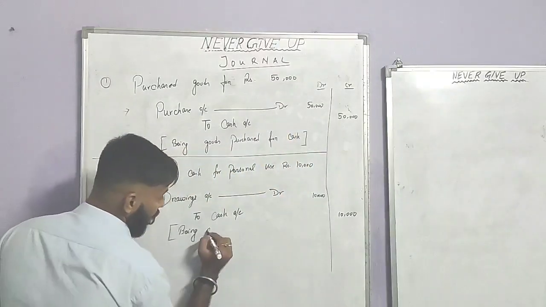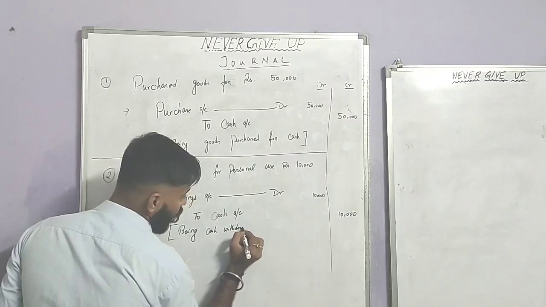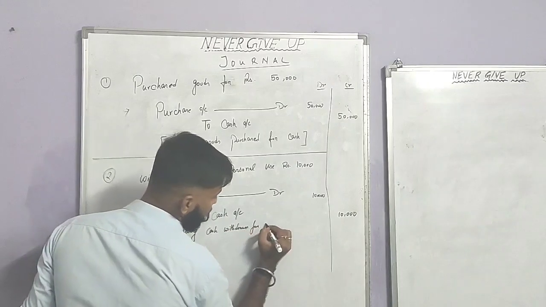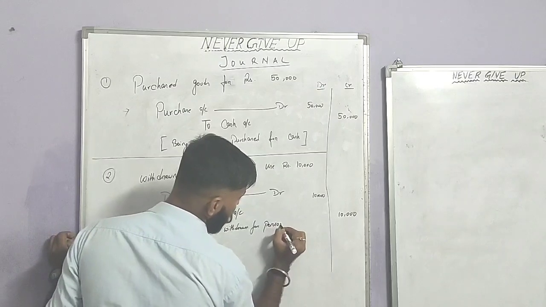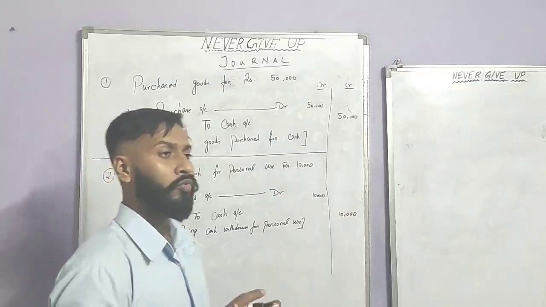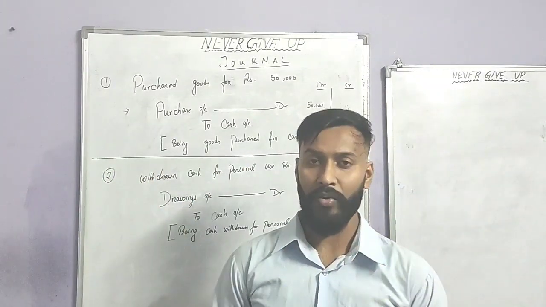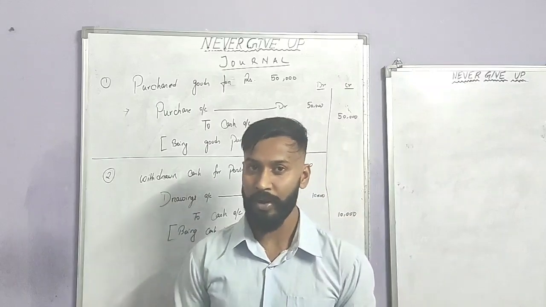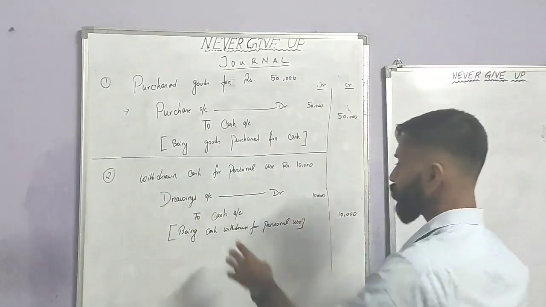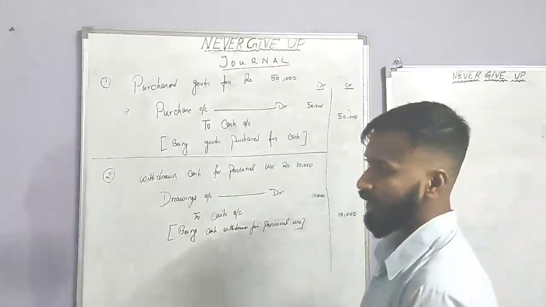Being cash withdrawn for personal use. If any amount is withdrawn for personal use, then it will come under drawings account. Remember that. So drawings account debit to cash account, 10,000 in the debit column, 10,000 in the credit column.